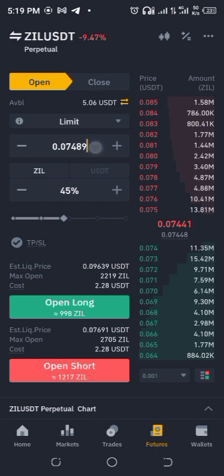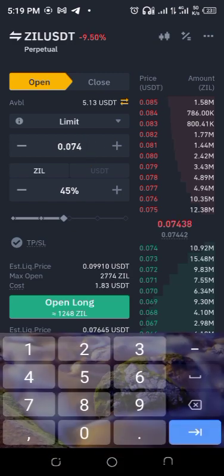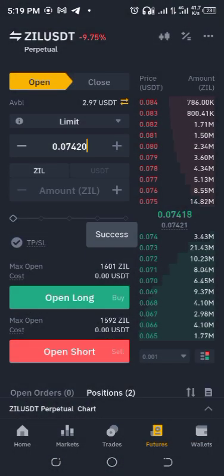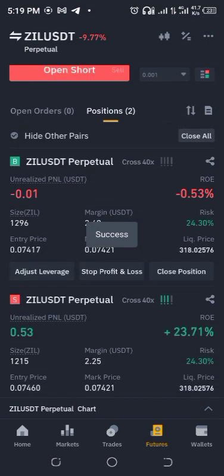Let me use that to open a long position. Most times I like placing a pending order. Since we're having 430-something here, let me use 430. Oh, it's already far beyond that. Let me use 420 rather and see what happens. Okay, I know we are in loss, but let's see what is going on there.